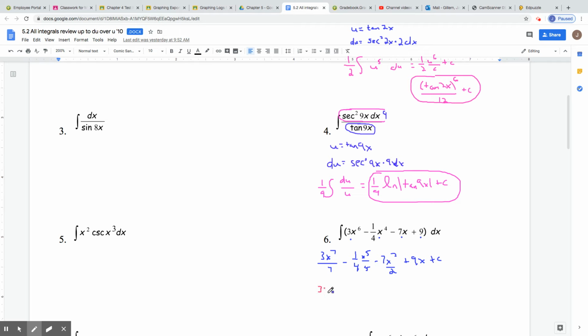So I'll just rewrite this all out. 3x to the 7th over 7 minus x to the 5th over, what is that, 20, minus 7x squared over 2 plus 9x plus c. There we go. All right, so this did not have to use substitution.